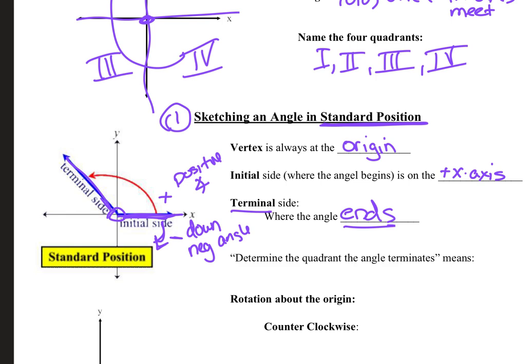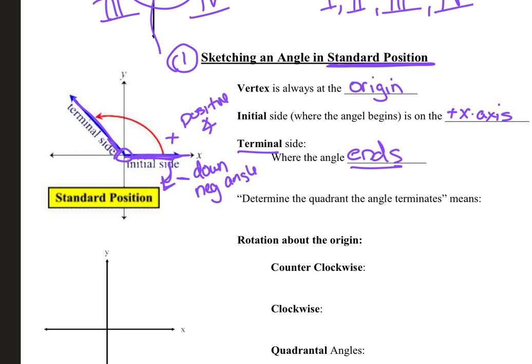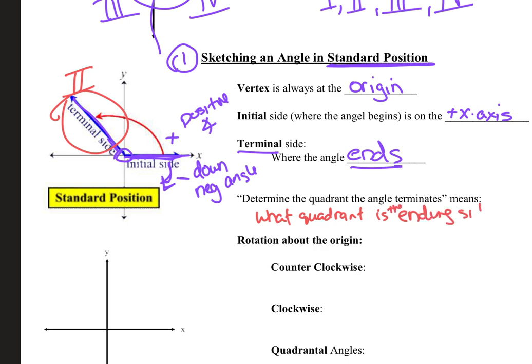So you may have to determine the quadrant where the angle terminates. For example, this particular angle ends in quadrant 2, because its terminating side is in quadrant 2. So what quadrant is the terminating side, the ending side?